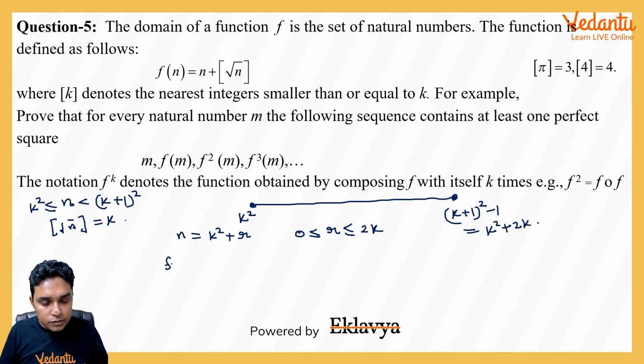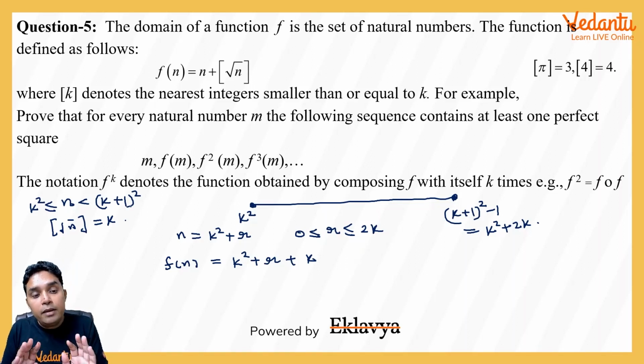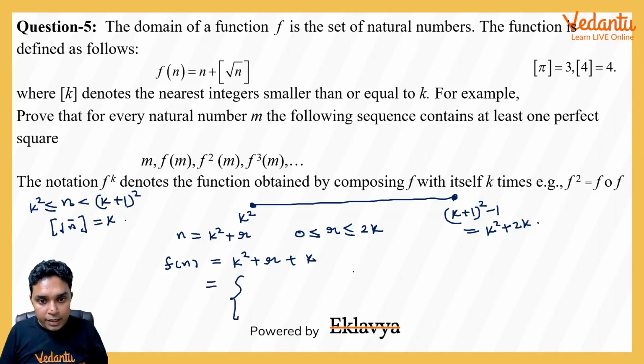In this case, what will be my value of f(n)? It will be k square plus r plus k, because the integer part value will be k only. Now there are chances that this f(n) is still between k square and (k plus 1) whole square, but it can be beyond that also, depending upon the value of r. Please see, if I take my r from 0 to k, including k, I will get this as k square plus k plus r, and it is still between k square and (k plus 1) whole square.